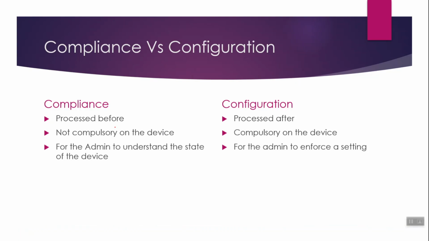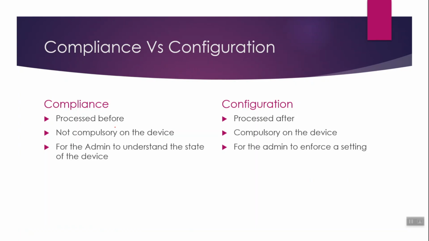Then we also discussed the difference between a compliance and a configuration profile. For example, when we were making a device compliance policy, we were able to see that a compliance can be set for a password or the OS version, and a similar kind of thing was there in the device configuration as well.